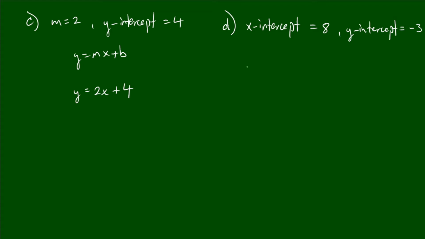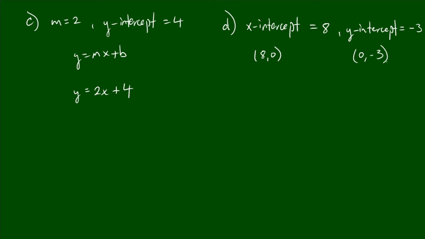You know that the line is going to cross the x-axis at 8. Well, what does that mean for the y-coordinate? That means that the y-coordinate is 0. So you have your first point as 8, 0. And your second point is going to be, well, it's going to cross the y-axis at -3, and the y-axis is when x equals 0. So you have 0, -3.